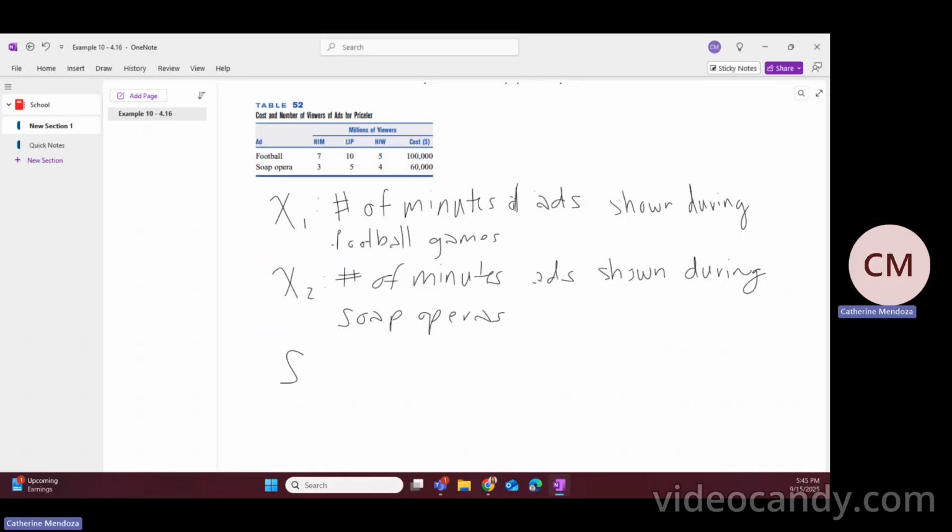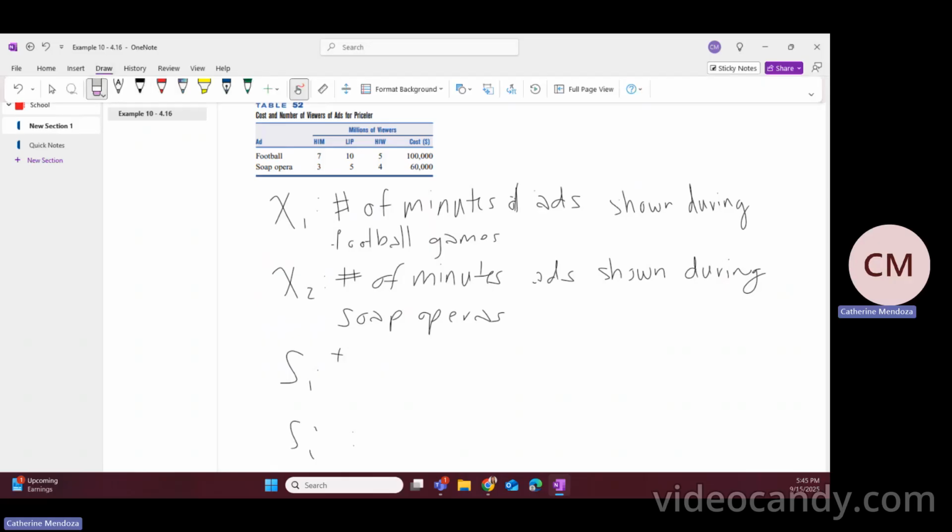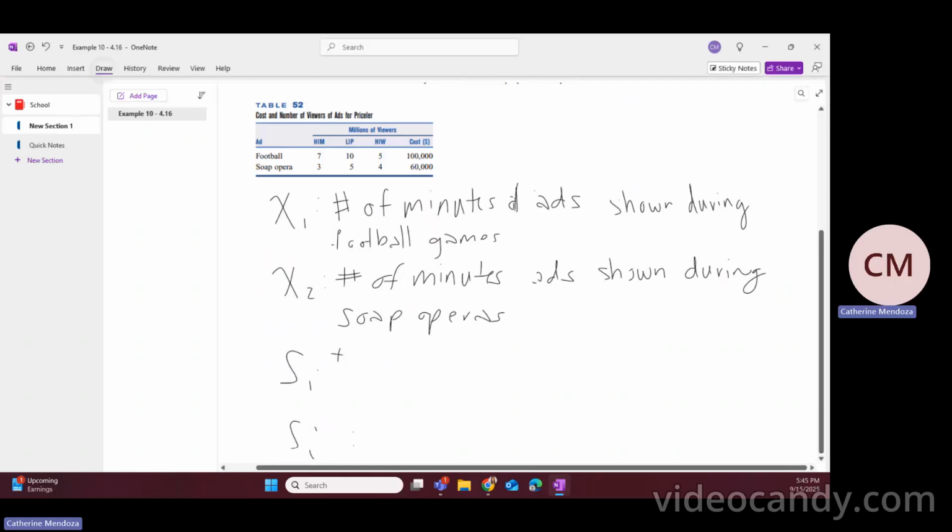So I want to call them si positive and si negative. Our positive is if we're achieving our goal. Our negative is if we're underachieving that goal.